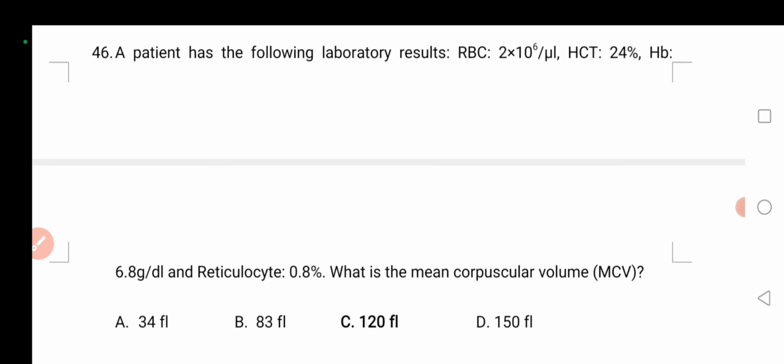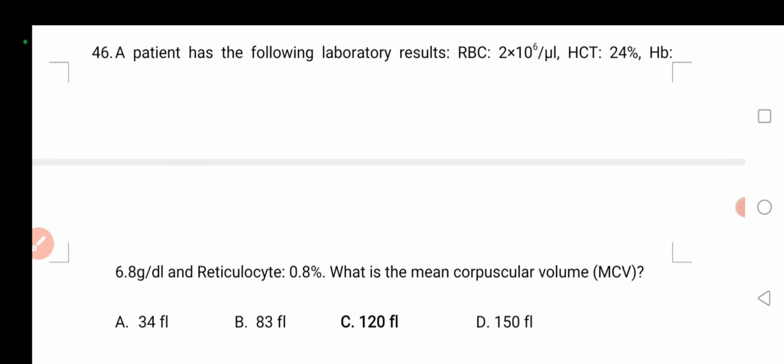Number 46 says a patient has the following lab results. RBC is 2 times 10 to the power of 6, hematocrit 24%, hemoglobin 6.8, and reticulocytes 0.8. What is the mean corpuscular volume? MCV means the mean cell volume, the volume of the cell. It will be calculated by hematocrit over the number of RBCs expressed per 10 to the power of 6.